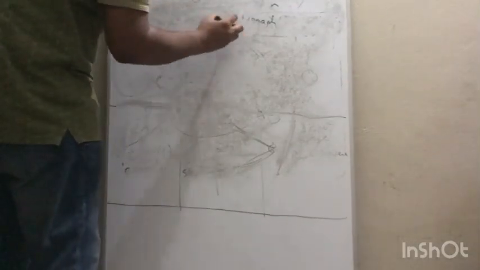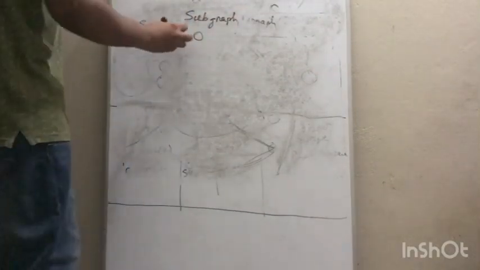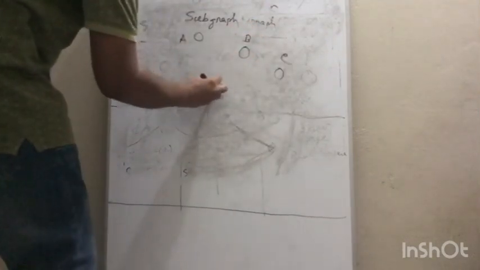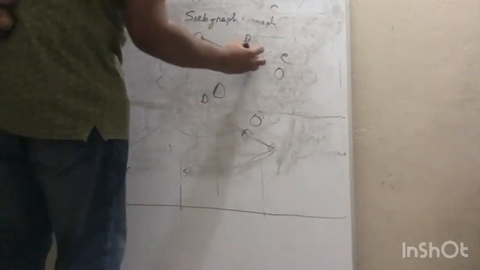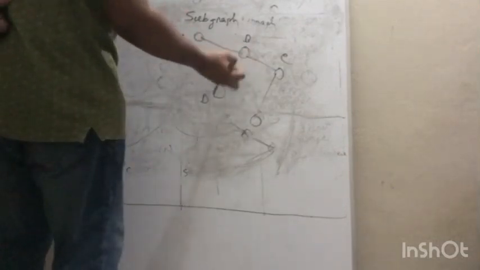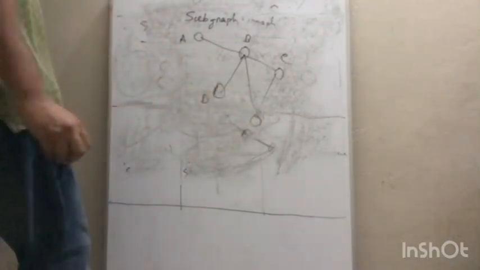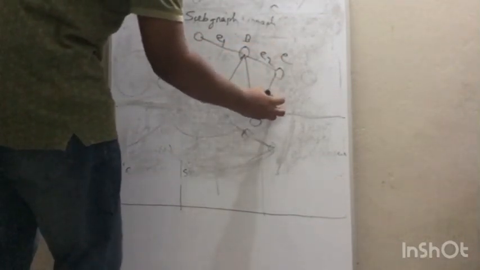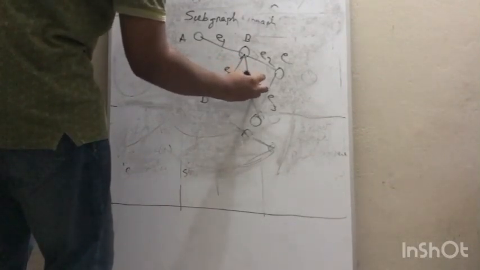Subgraph. Suppose a graph with vertices A, B, C, D, E. I will just randomly create any graph. Call the edges E1, E2, E3, E4, E5.